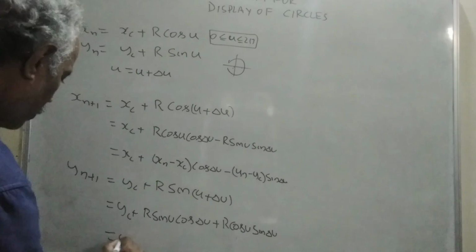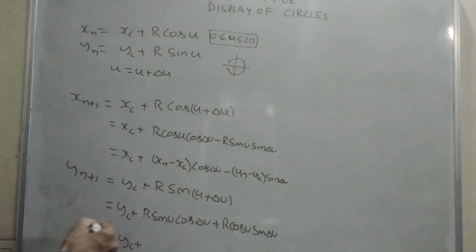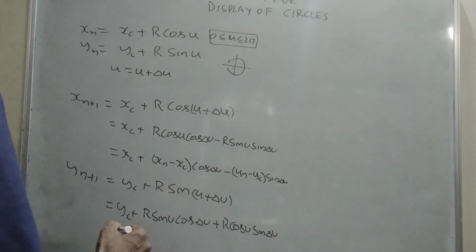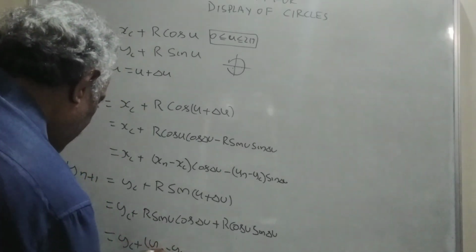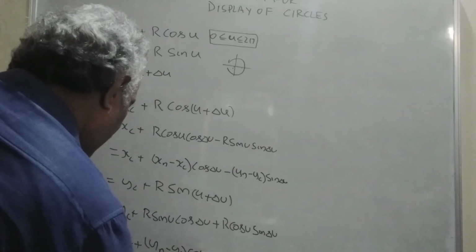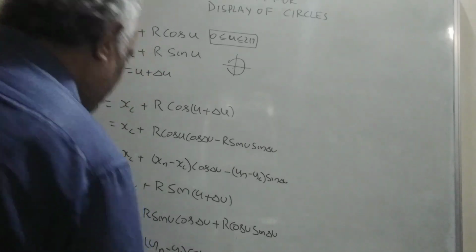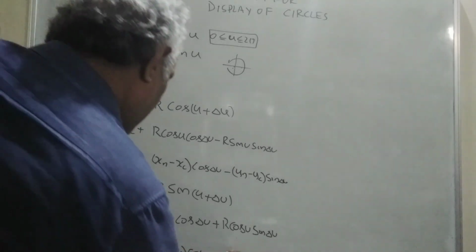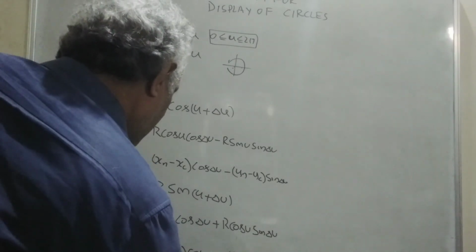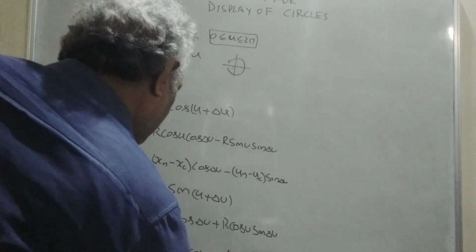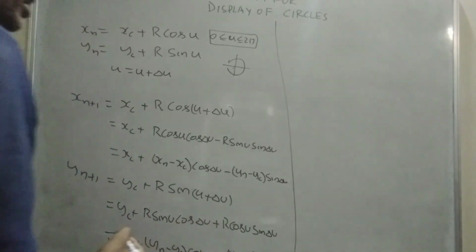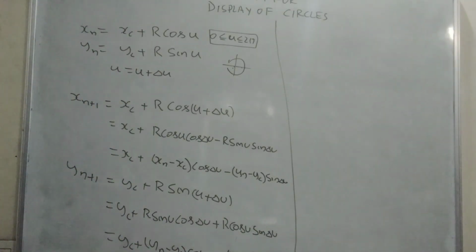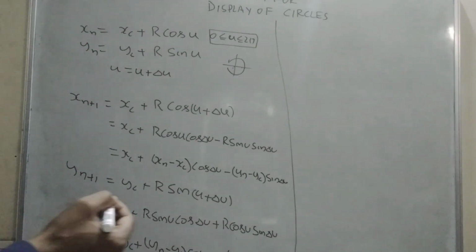This is equal to yc plus (yn minus yc) into cos delta u plus (xn minus xc) sin delta u. Now, we can write down a small algorithm to display an array of points as a circle.